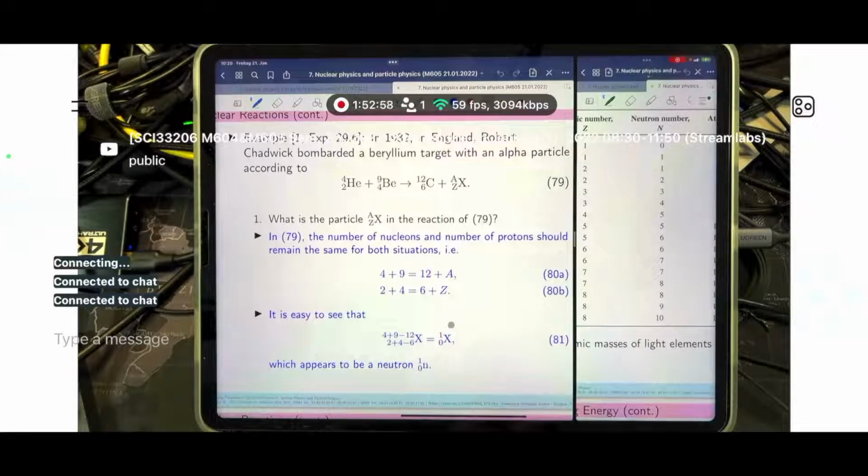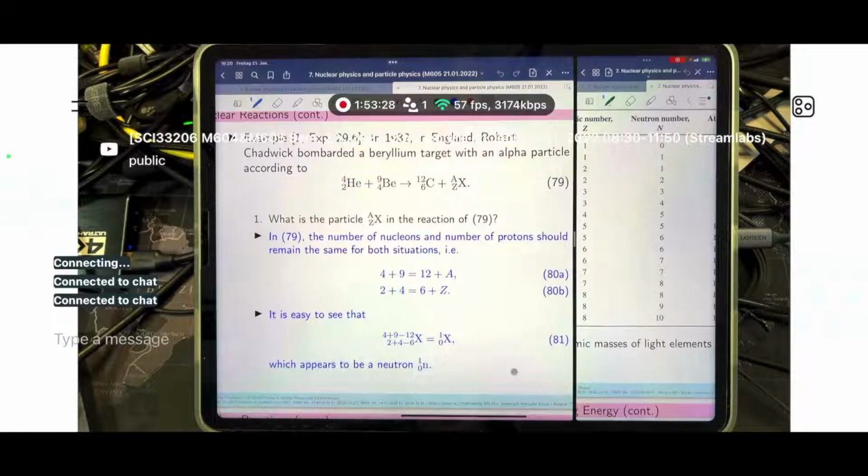What is that? It means we have one nucleon remaining. It could be either a proton or a neutron, but at the lower part, 2 plus 4 minus 6 becomes 0, so the number of protons is 0. There is no proton inside the nucleus, so the nucleon is a neutron.